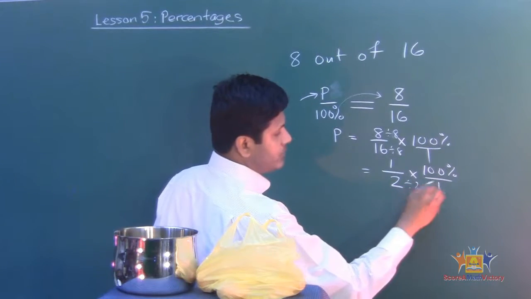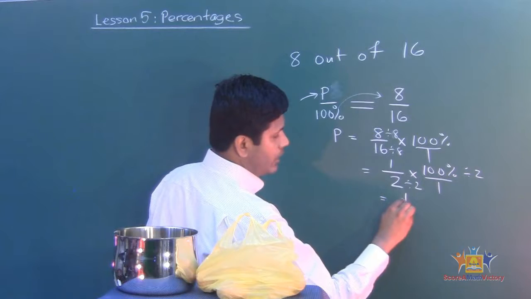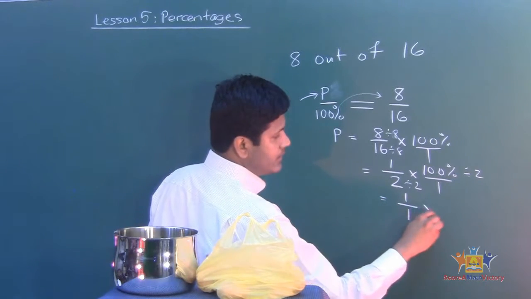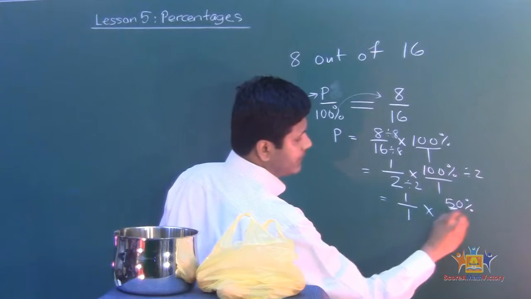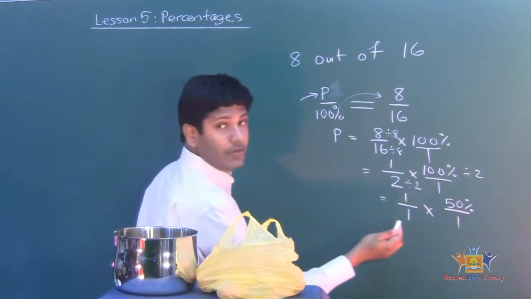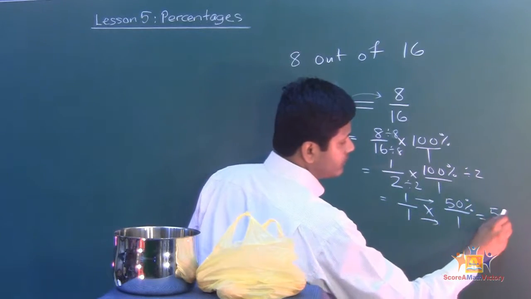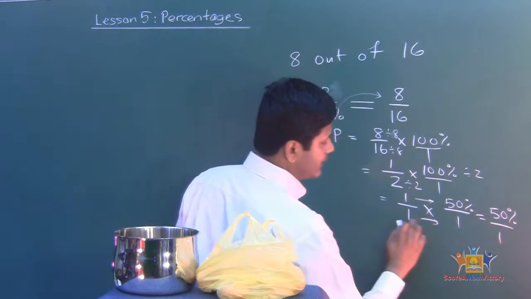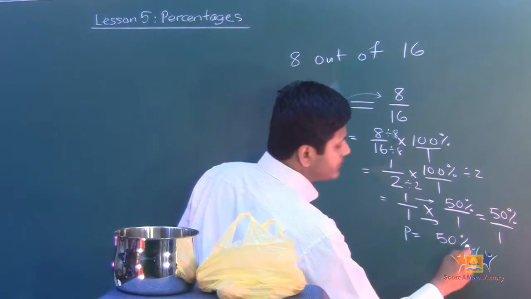I can divide this by 2, and this by 2. So that makes 1 over 1, and 100 divided by 2 is 50, then put the percentage over 1. Now I can use the double arrow method to multiply them out. 1 times 50% is 50%, and 1 times 1 is 1. So P equals 50%.